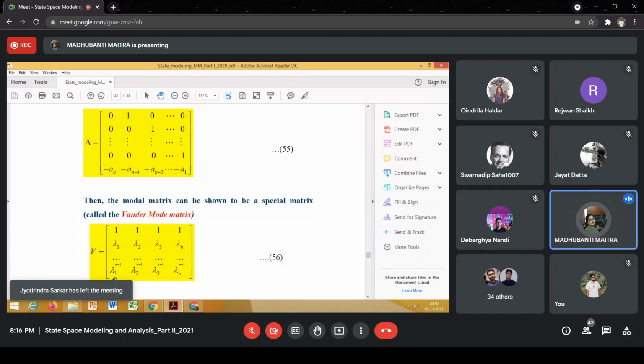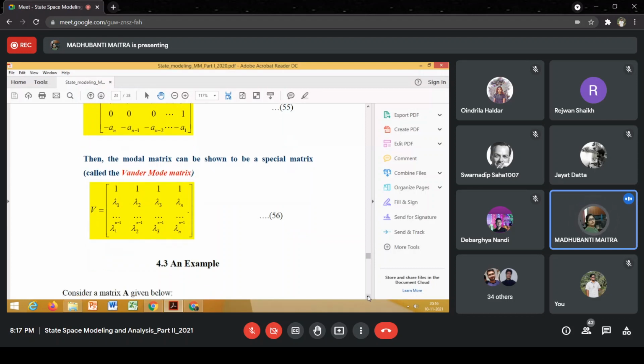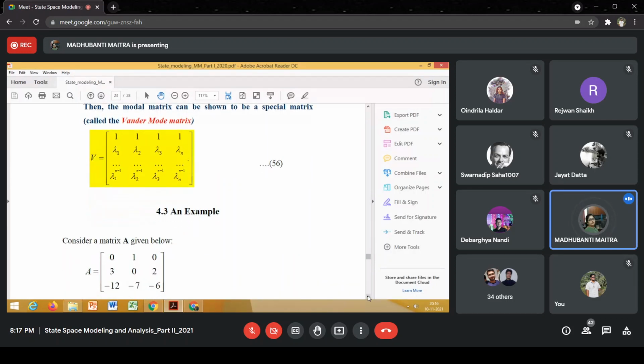And naturally the last row will contain lambda 1 to the power n minus 1, lambda 2 to the power n minus 1, lambda 3 to the power n minus 1, lambda n to the power n minus 1. And this matrix is really a modal matrix for this system matrix A, which can be proved. The proof is not in the syllabus.